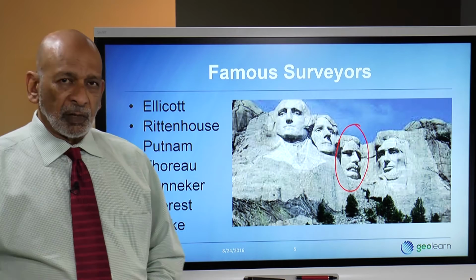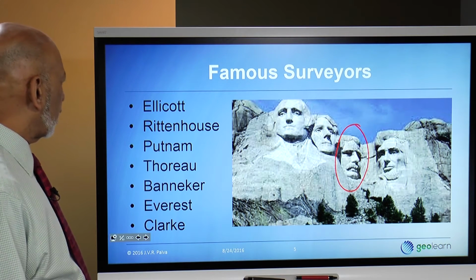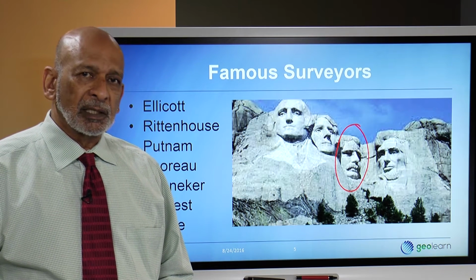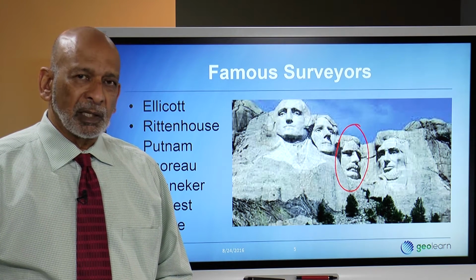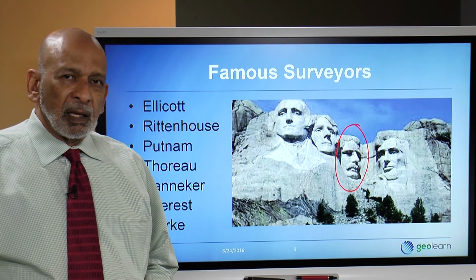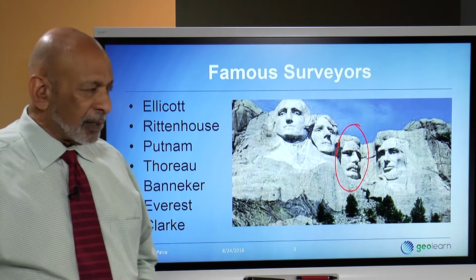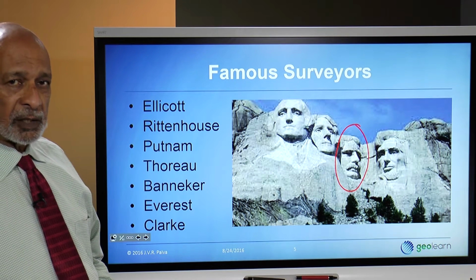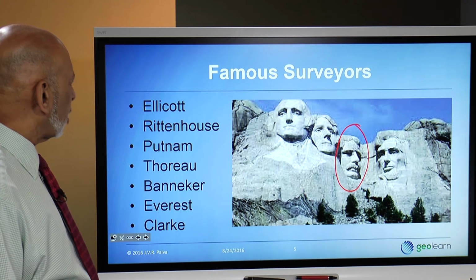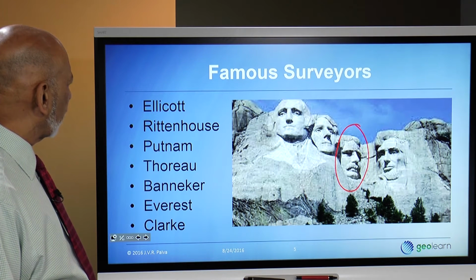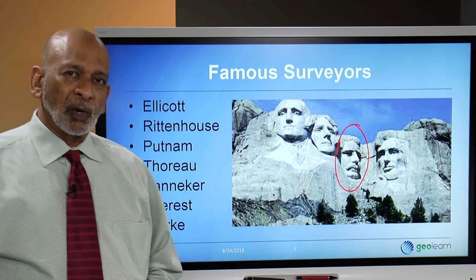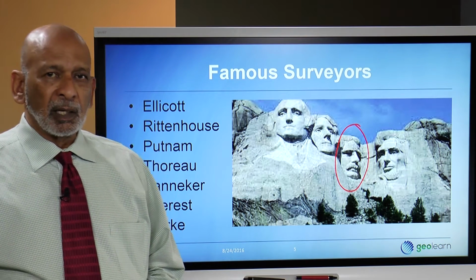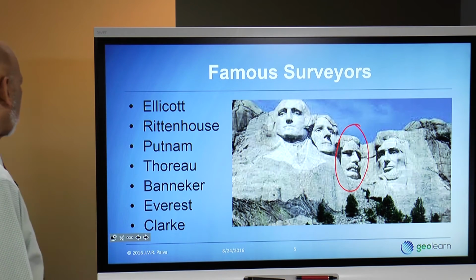He surveyed many state boundaries, especially out east, and was involved in the surveying of Washington, D.C. The design of Washington, D.C. was actually done by a French architect, but certainly Ellicott was involved. He participated in a lot of the discussions because he understood the topography of the Washington, D.C. area very well, and then was in charge of much of the surveying to lay out the boulevards and the other areas of Washington, D.C.